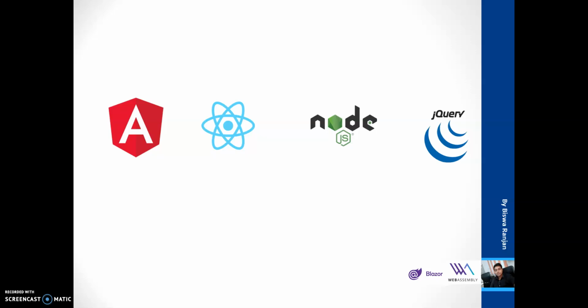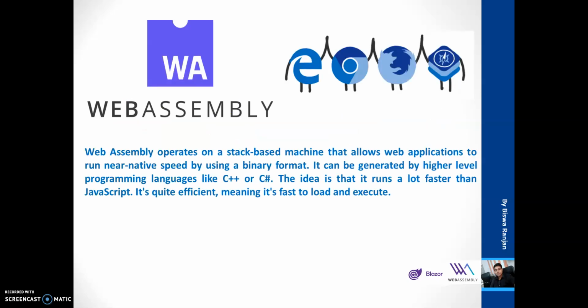That's why Microsoft came with a new idea, that is Blazor. So how does Blazor work? Blazor works with WebAssembly. What is WebAssembly? WebAssembly operates on a stack-based machine that allows applications to run at near native speed using a binary format.